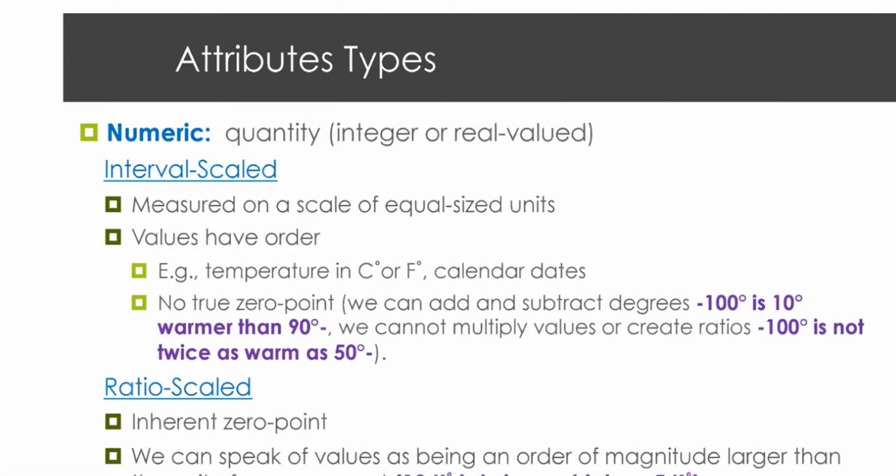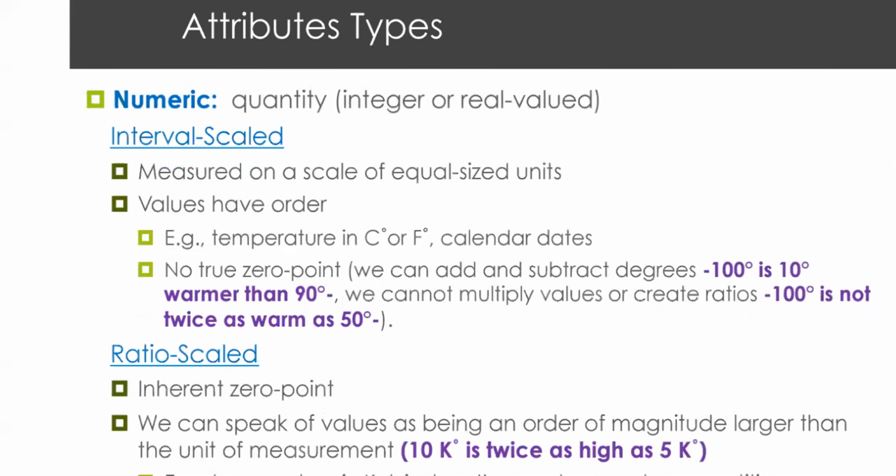We can add and subtract: 10 degrees is 10 degrees warmer than 90 degrees. We cannot multiply the values or take ratios. 100 degrees is not twice as warm as 50 degrees. So you have to maintain a particular order in this interval numeric attribute.